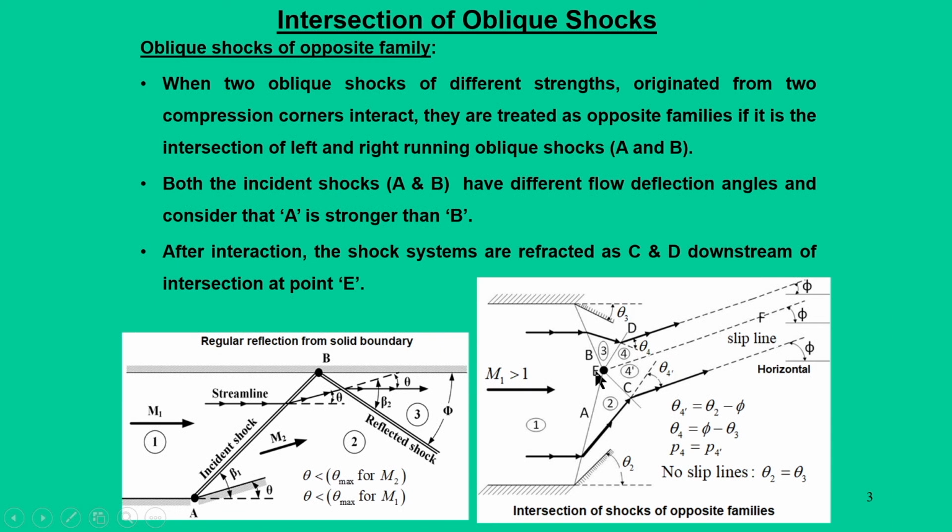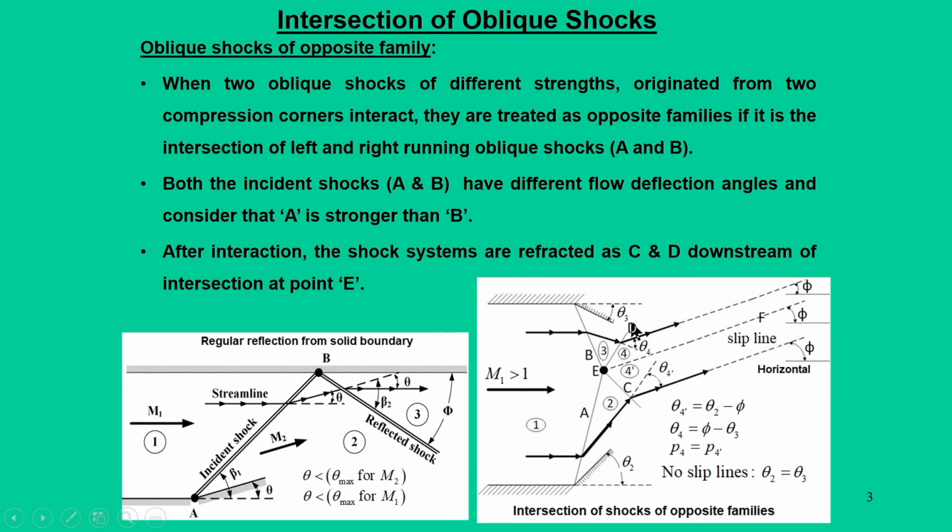Now, what is going to happen after that? Since they meet at point E, both will be refracted. Here we will not use the term reflection, because it is not reflected from a wall. Both shocks interact at point E and are treated as refracted shocks, and refracted shocks C and D are formed, starting from point E.